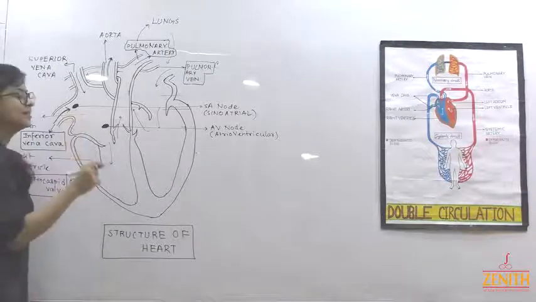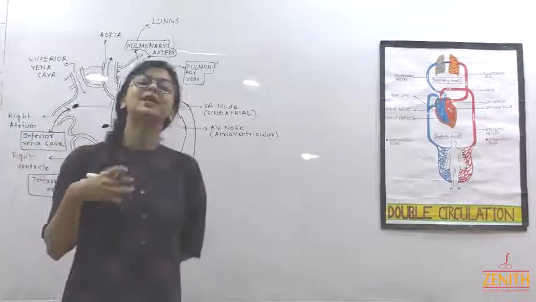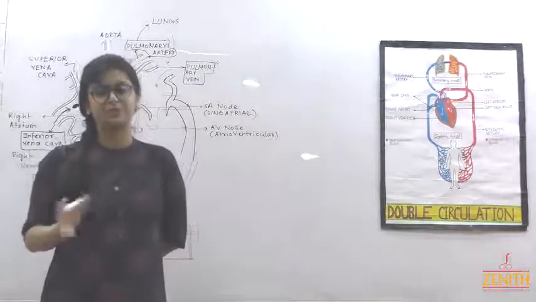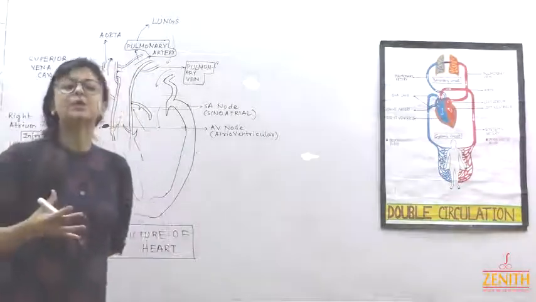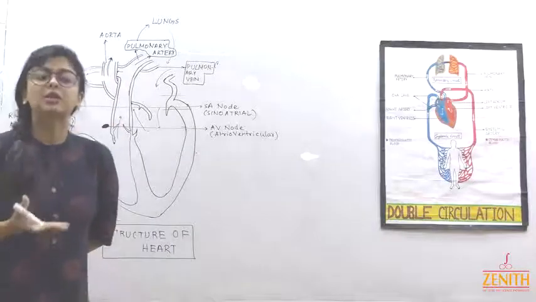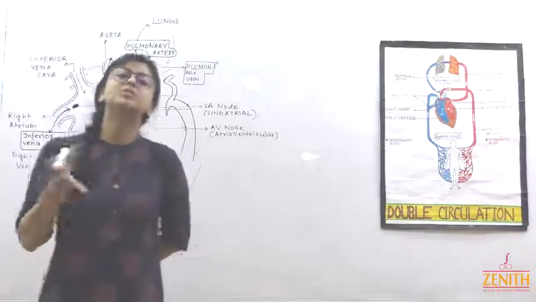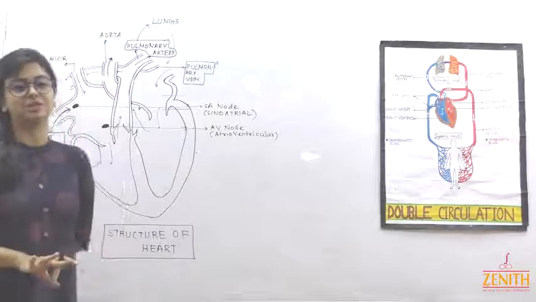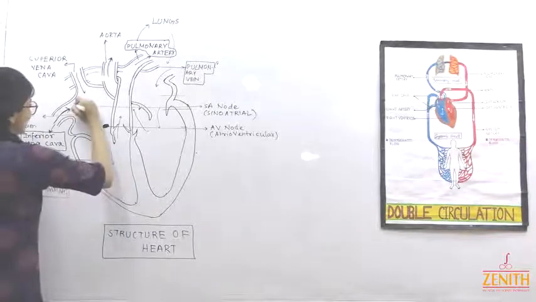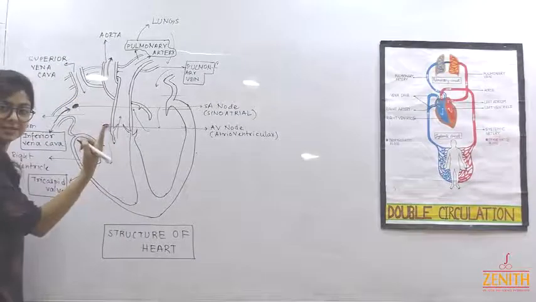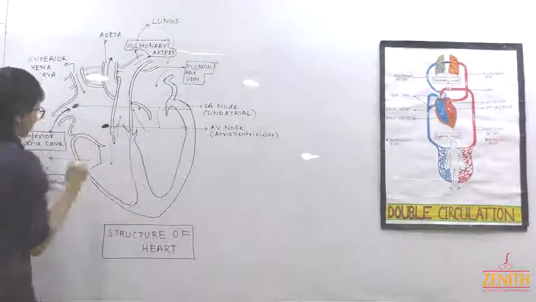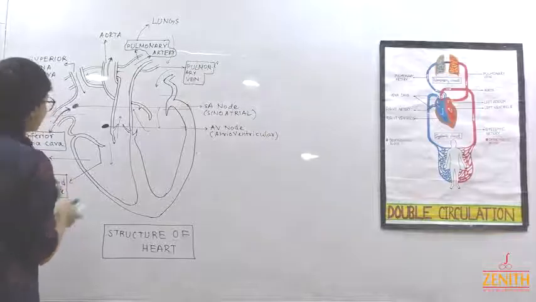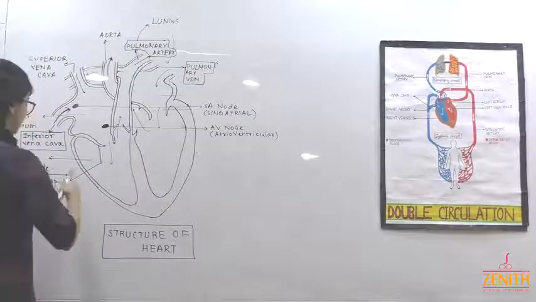What are these nodes? These nodes are able to generate electrical impulses. We will do this in detail in some next classes. These particular tissues generate electrical impulses by the process of depolarization. They do the first depolarization, so they get excited and give this stimulus to the different regions also.